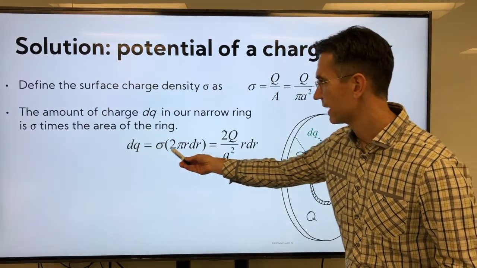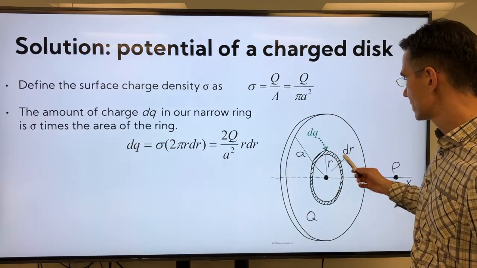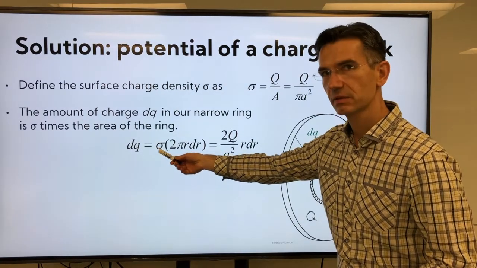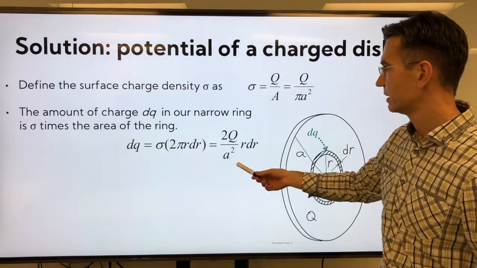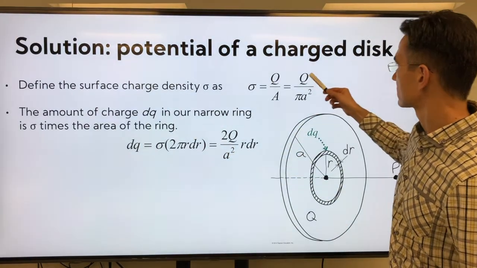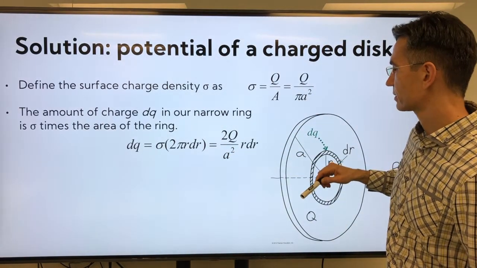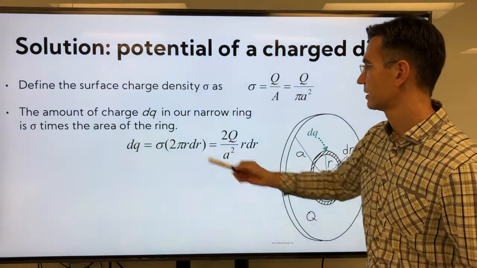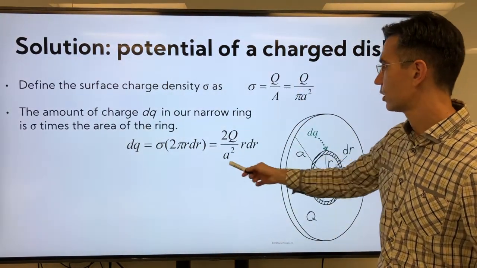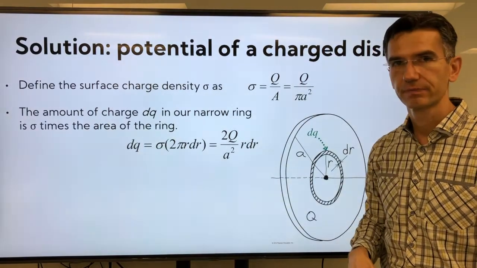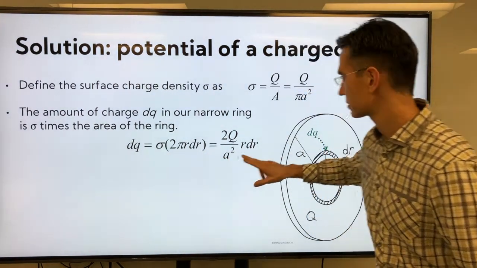With surface charge density sigma, the total charge on that ring, dq, is sigma, which is Q over pi a squared, times 2 pi r dr. Putting it all together, you get 2Q over a squared, r dr. So now we've expressed dq in terms of dr.